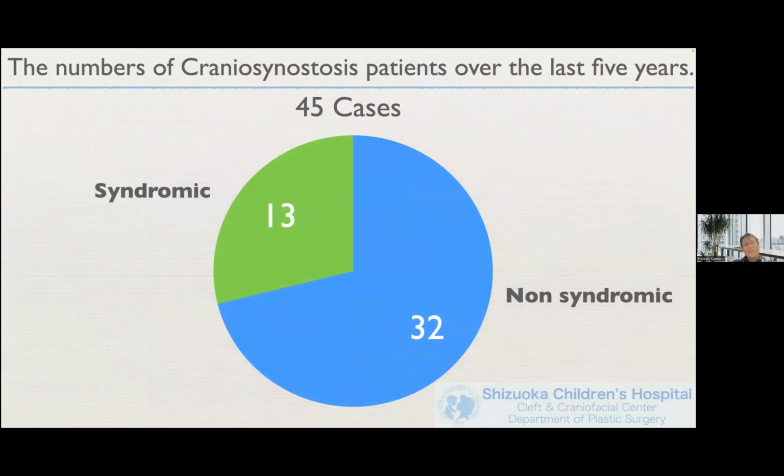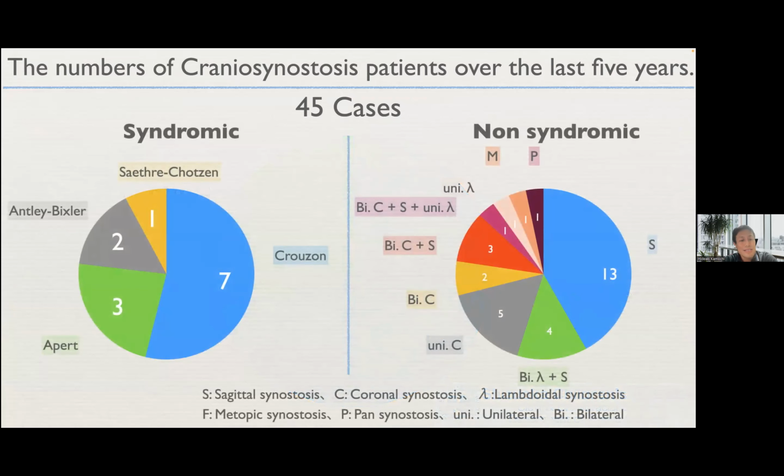Here are the numbers of the craniosynostosis patients at our hospital in the past 5 years. There were a total of 45 cases. 13 cases were syndromic, and 32 cases were non-syndromic. In the syndromic cases, Crouzon syndrome was present in 7 cases, Apert syndrome in 3 cases, Pfeiffer syndrome, 2 cases, and Saethre-Chotzen syndrome in 1 case.